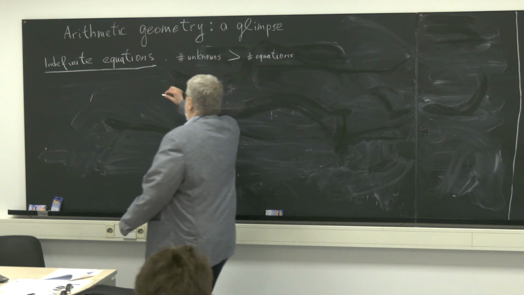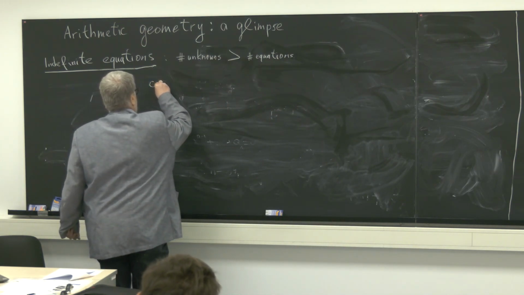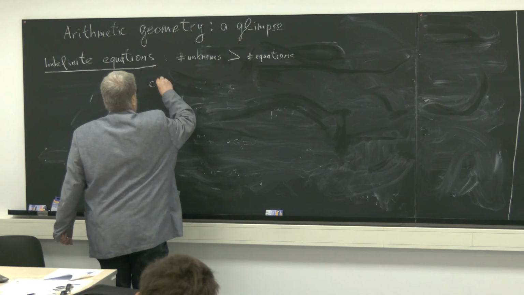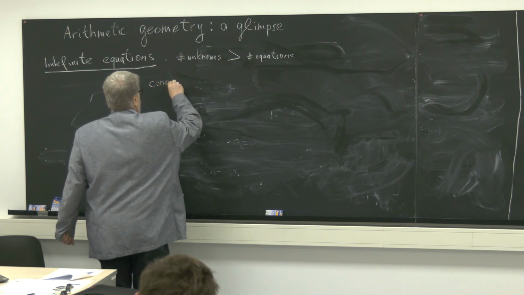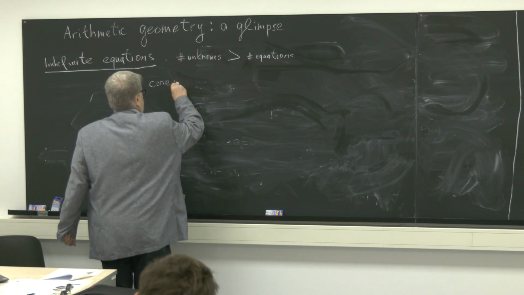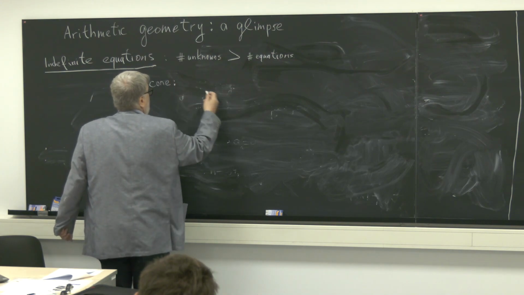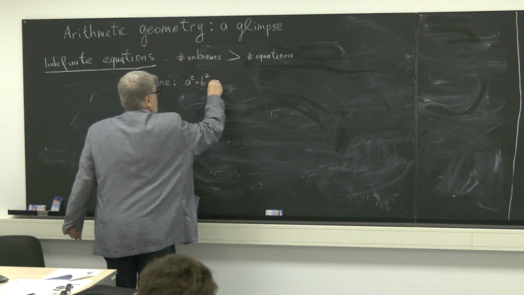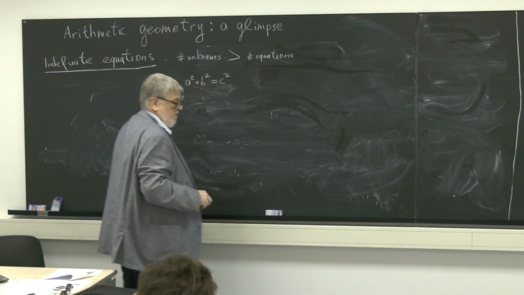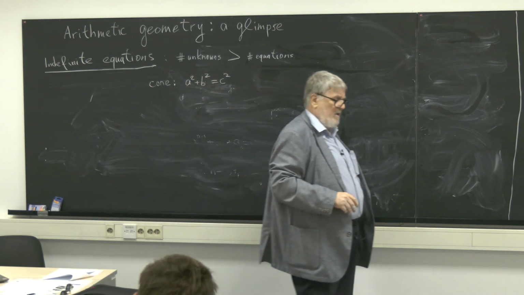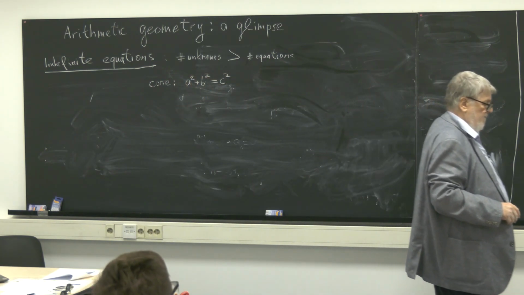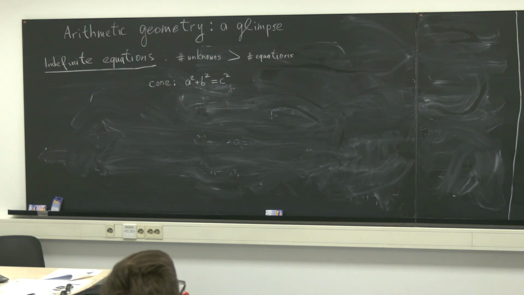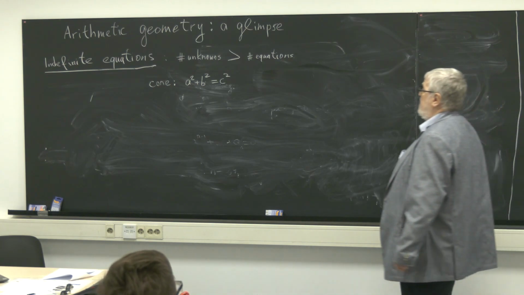And let's consider now some indefinite equations, again paying special attention to the names of the variables. In fact, there are no strict rules according to which we should use only last letters of the alphabet for the unknowns.